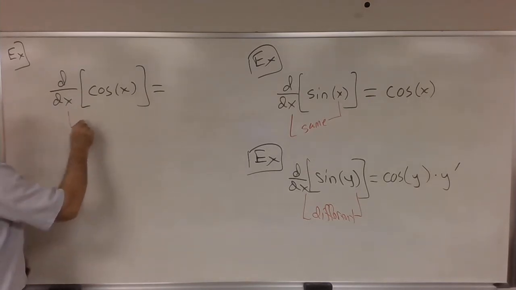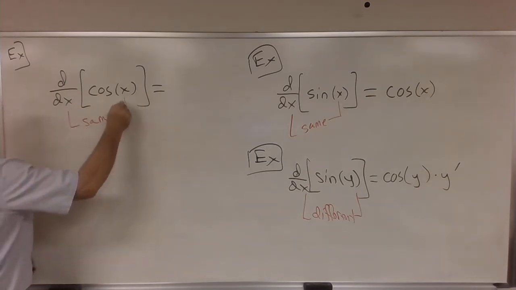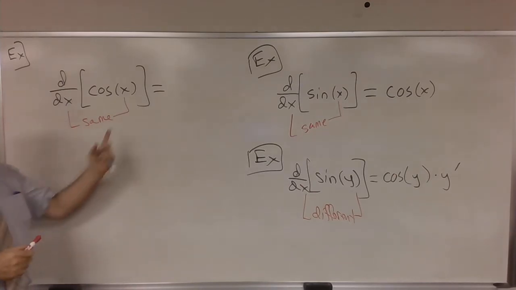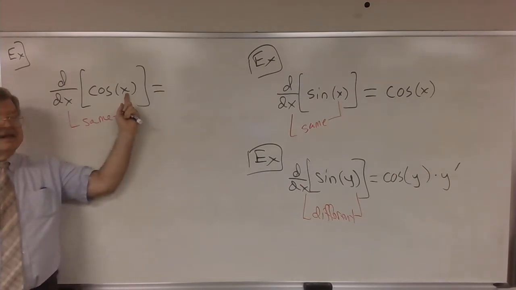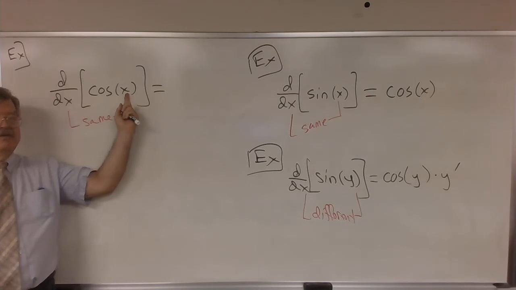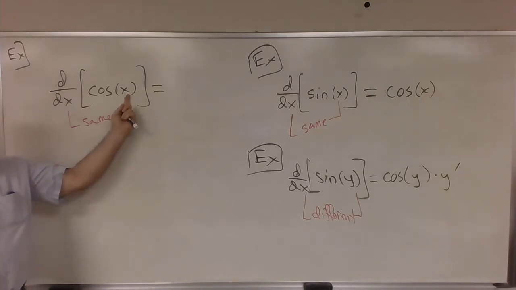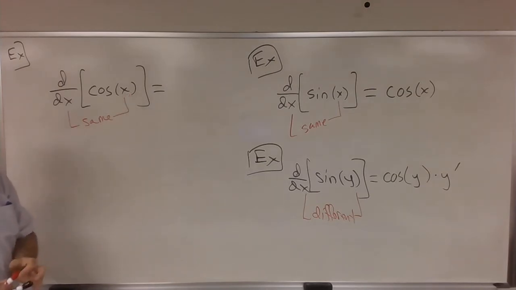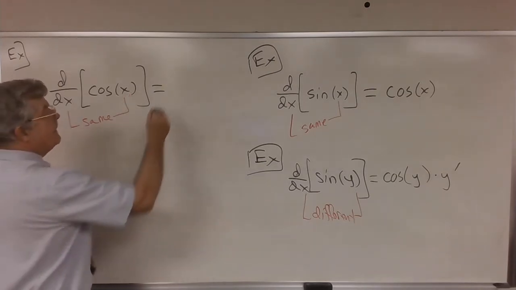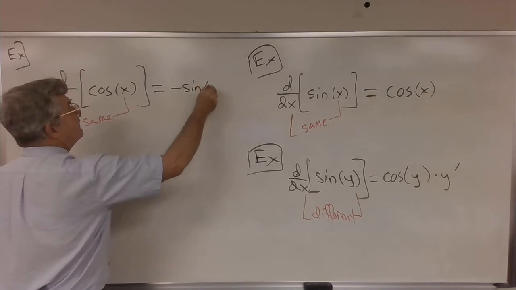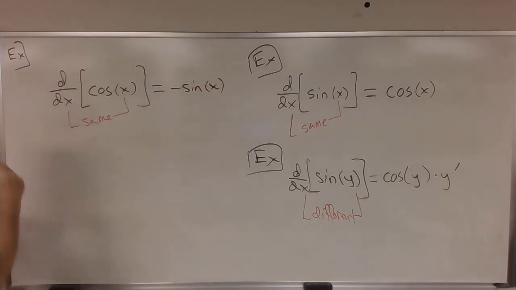These variables are the same. So we look at this x as a variable and nothing more than that. So how do we compute the derivative of cosine of the variable x? Negative sine of x, right? If that's what you said, you're absolutely right.